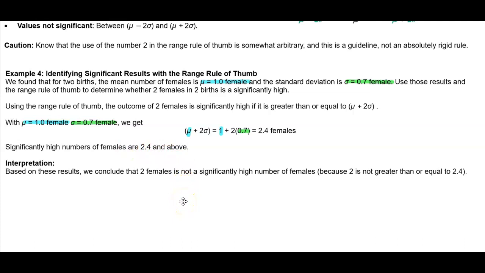So the interpretation is, based on these results, we conclude that 2 females is not a significantly high number of females because 2 is not greater than or equal to 2.4.